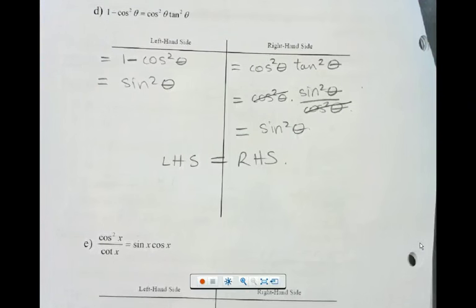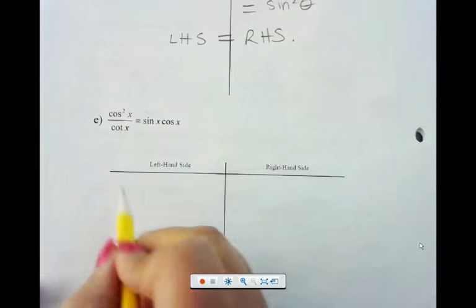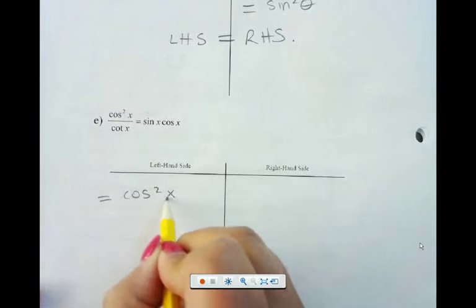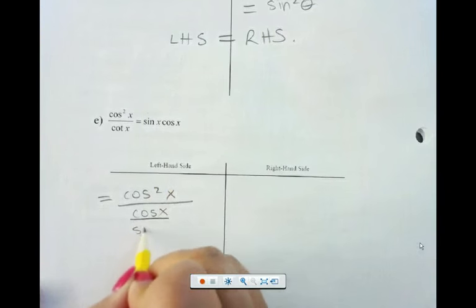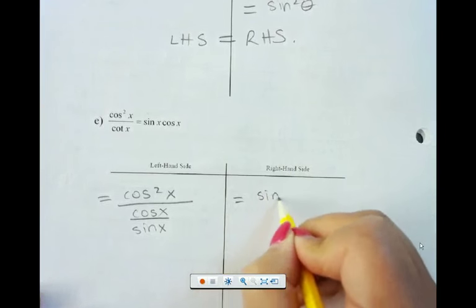Okay, let's have a look at this next one here. Kind of same idea. Rewrite your left-hand side, rewrite your right-hand side.